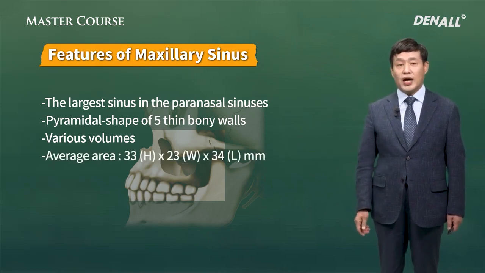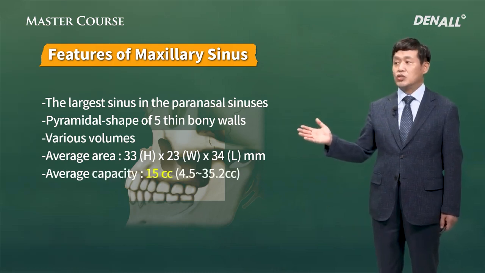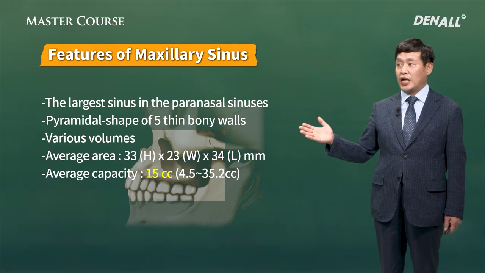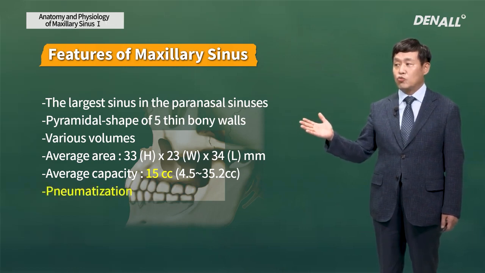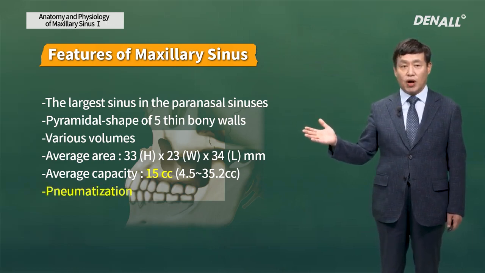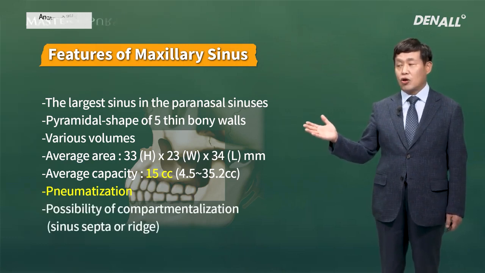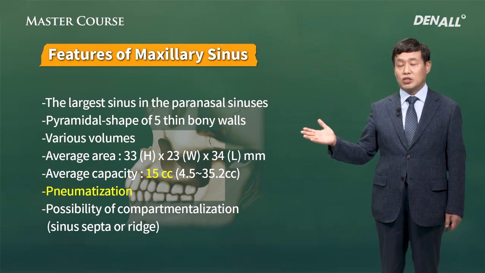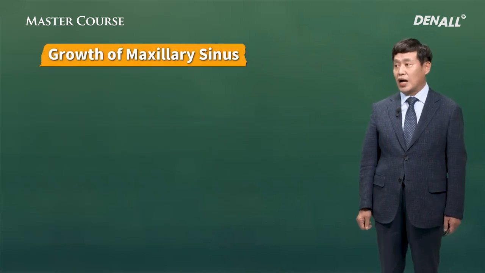The average capacity of Korean people is about 15 cc. If upper posterior teeth are missing, pneumatization can occur, and in the maxillary sinus, a septum or other compartments can make the maxillary sinus surgery difficult.